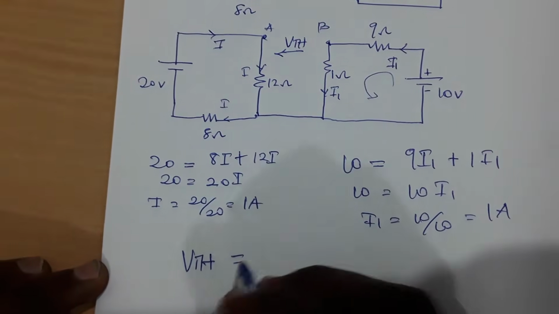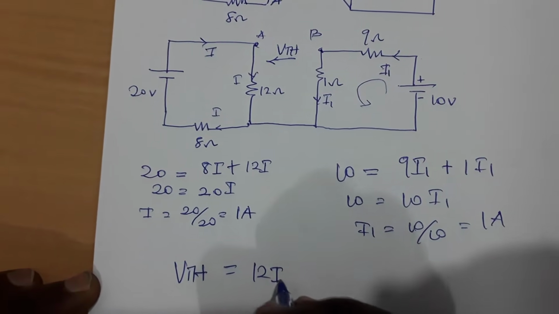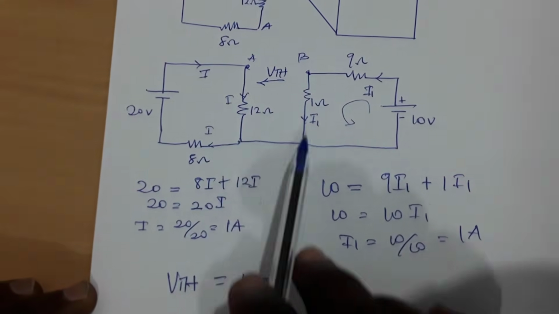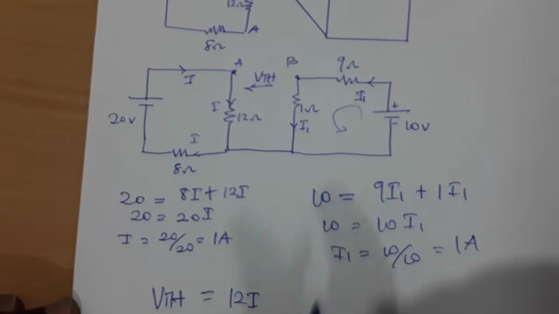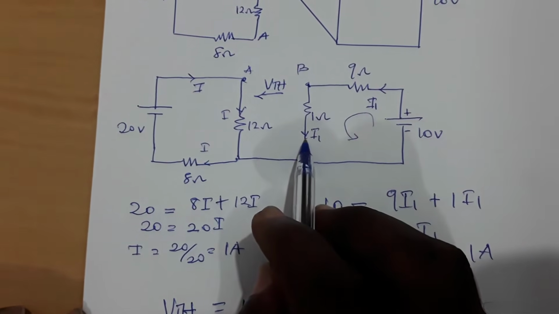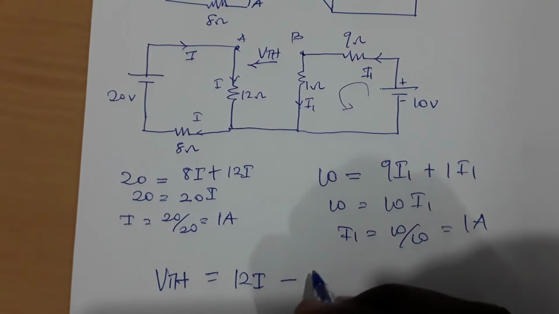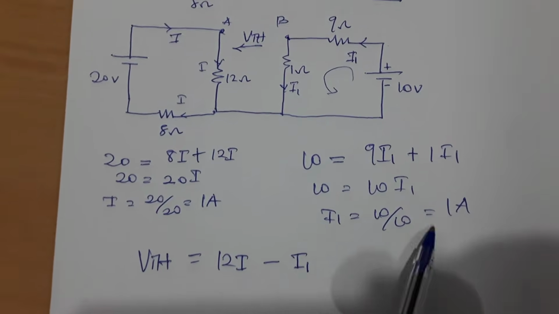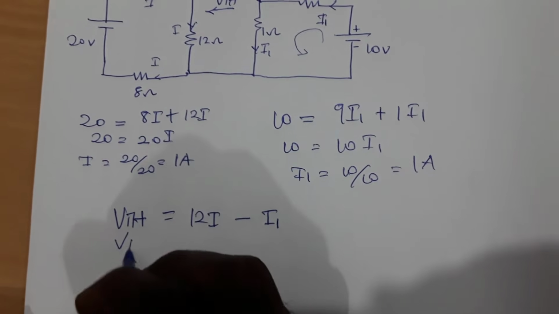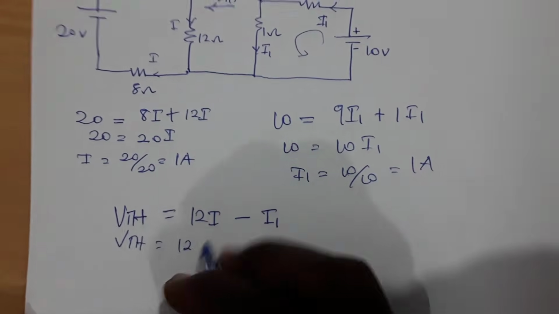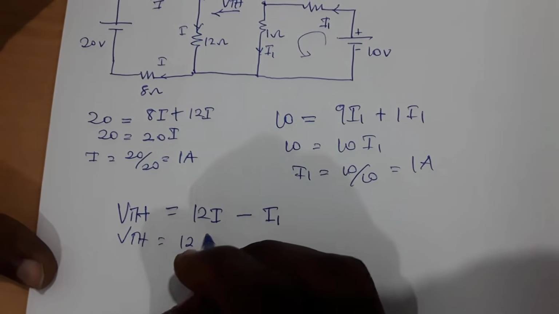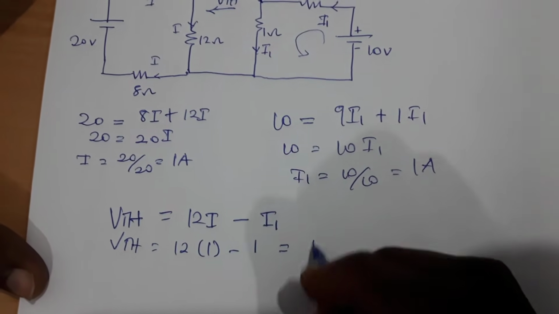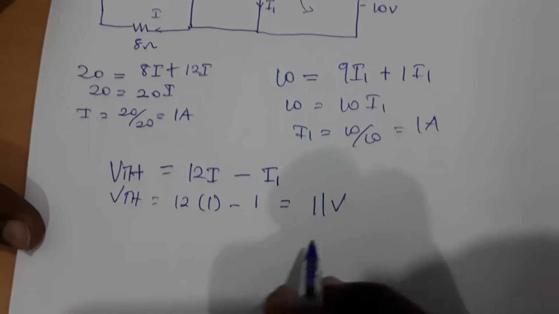So VTH should be equal to 12I, because this I is in our direction, so it will be positive. This is in a negative direction, so we say that it will be minus I1. We know the value of I1 and we know the value of I, so just substitution. So it will be 12I, I is 1, minus 1, so it should give us 11 volts for VTH.